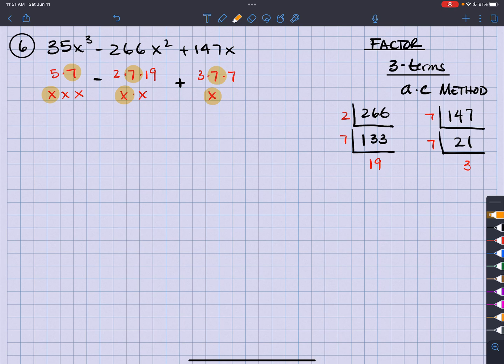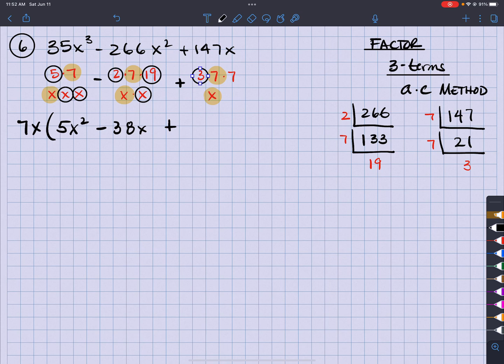All right, so that means I can take out a 7X, and what would be left over is a 5X squared minus 38X plus a 21.